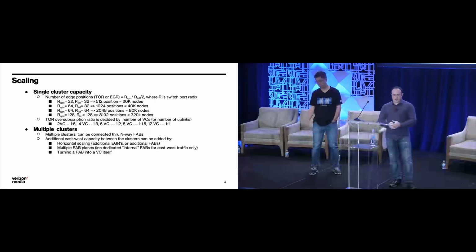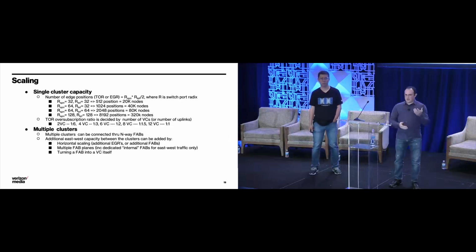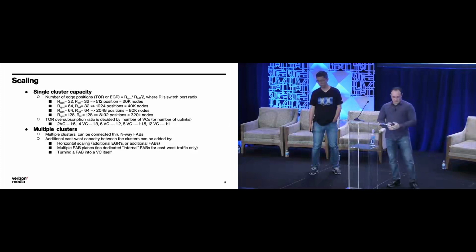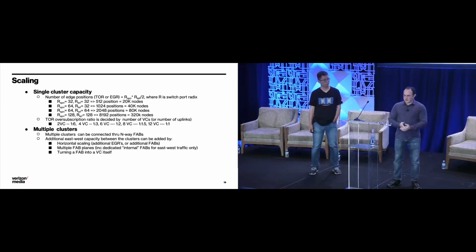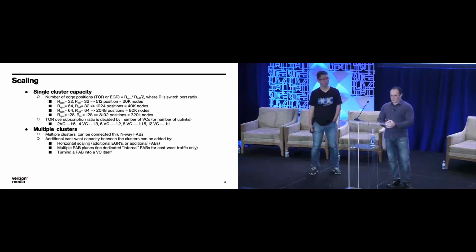You can even decide that some planes are dedicated for intra-cluster connectivity, and other planes are dedicated for connectivity outside the clusters. So it's completely up to you. And also, just like everything in Clos is completely recursive, you can even make a fab into a VC and be able to scale to hundreds or thousands of different clusters in a given topology.